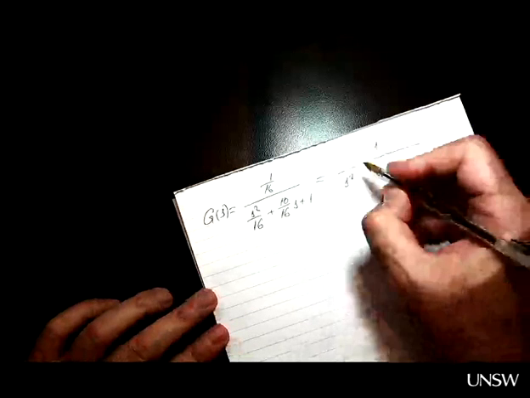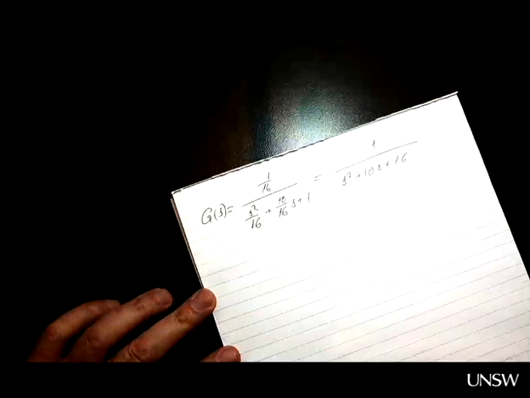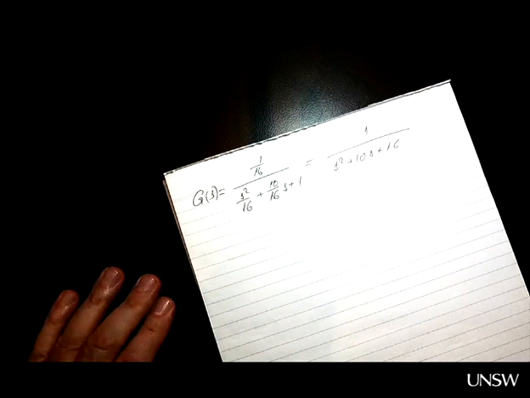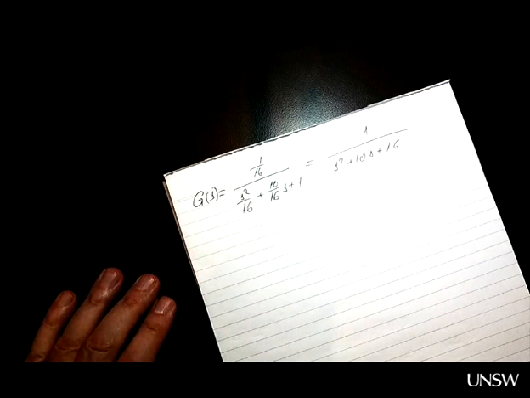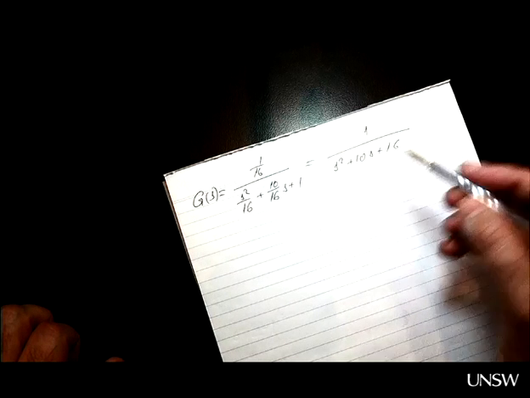Multiplying by 16 will give us 1 over s squared plus 10s plus 16. What do we do first? Do we apply the equation for the time to first peak, percentage overshoot, or settling time? Well, obviously, this is the transfer function.